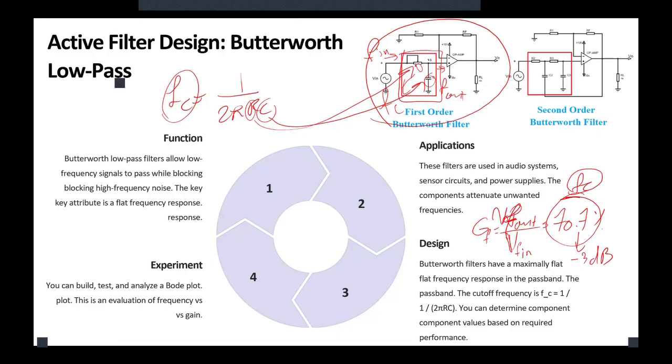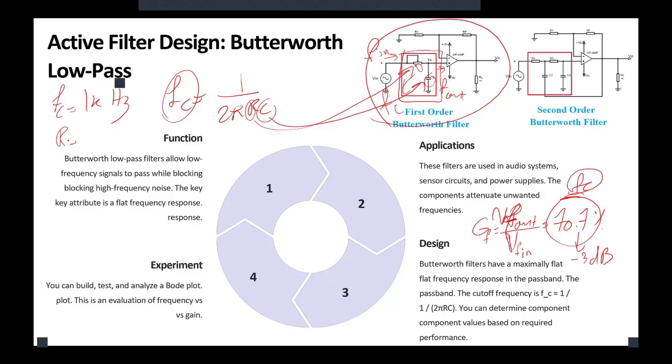Now, suppose we have a cutoff frequency of 1 kilohertz. We can pick R if we wanted to have the FC equal to 1 kilohertz.